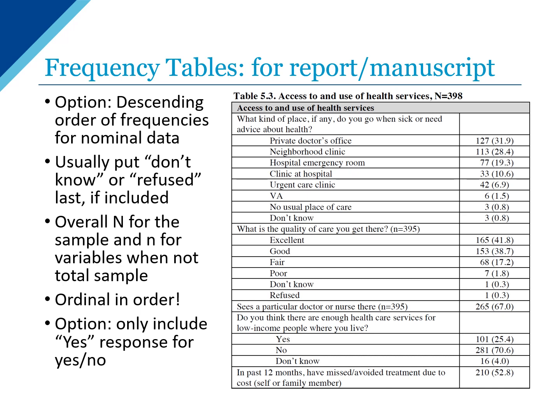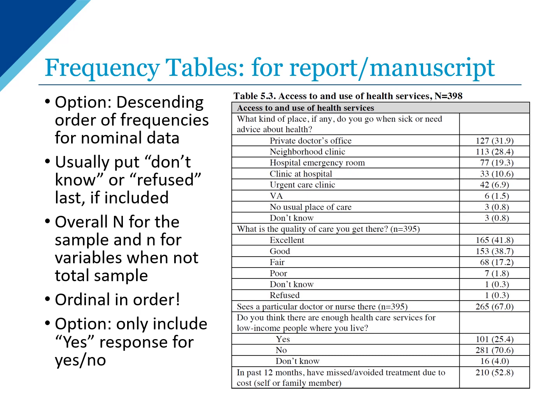You can put the overall sample n or number in the table title, but if a particular variable has a smaller sample size, you can put the small n for that variable after the variable label. For example, for what is the quality of care you get there, the n is 395 versus the total n, which is 398.